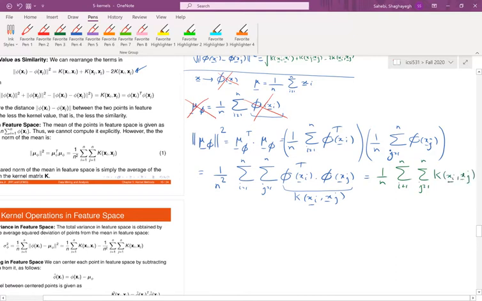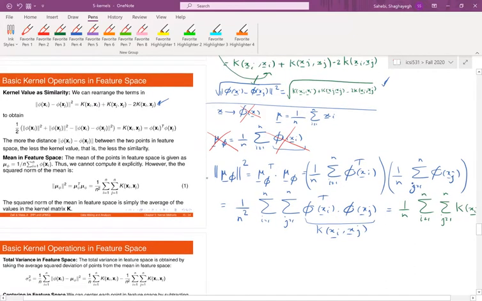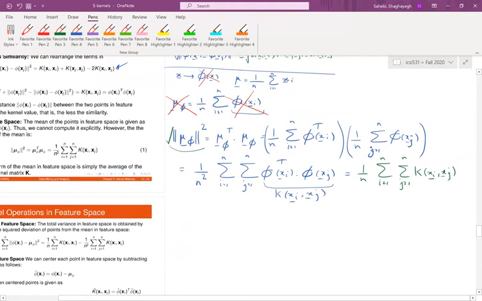Oh, that's very nice. So we can calculate the square of magnitude of our mean according to the kernel matrix only.